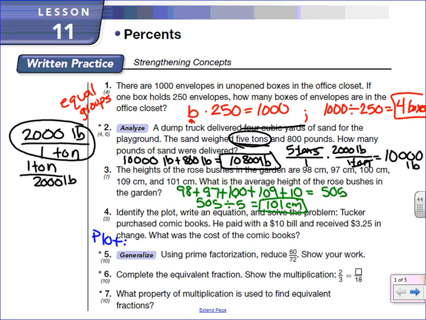So that's a separating plot. And in separating plots, the equation that you have is your starting amount, which in this case was $10, minus the amount that went away equals what's left, which is $3.25.